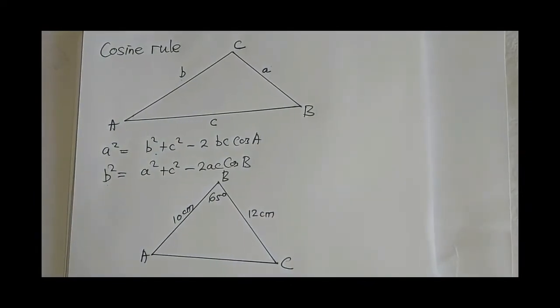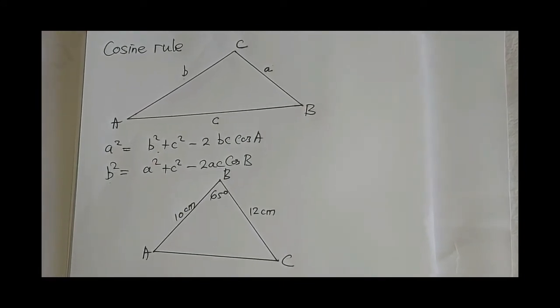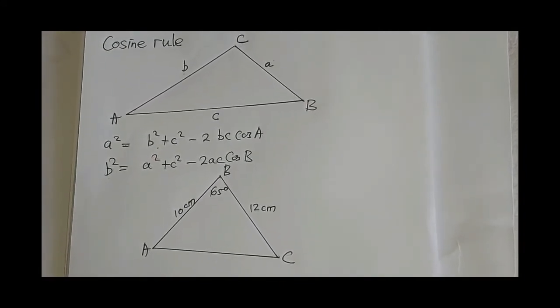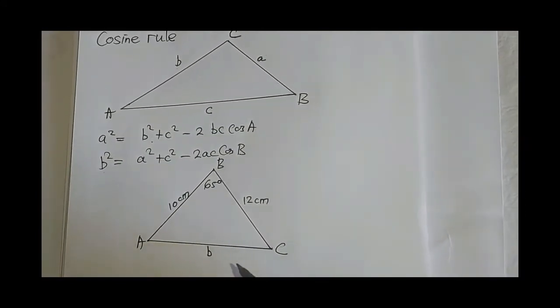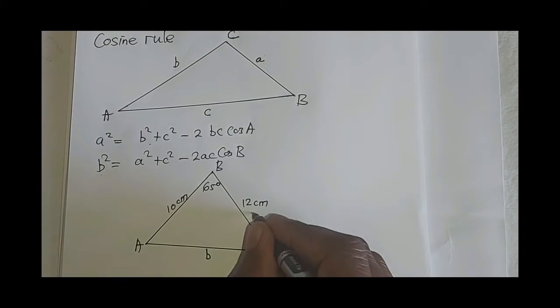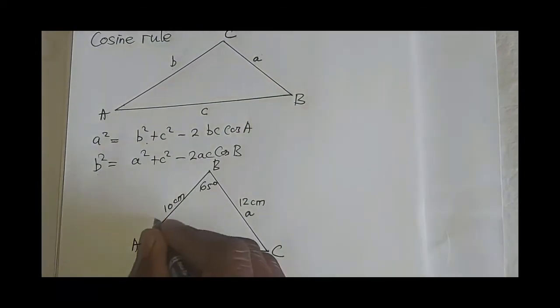Then I need to solve this triangle. As I solve this triangle, I would find that I'm missing side B, and I'm having side A here, and I'm also having side C.